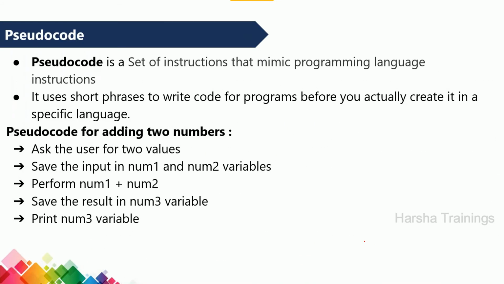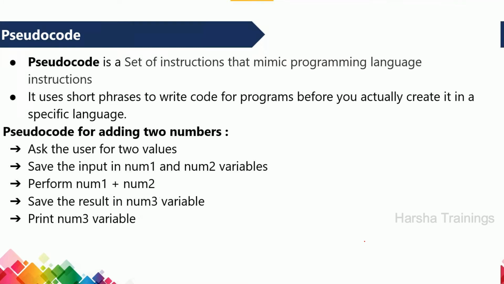Now, pseudocode. Observe the difference between pseudocode and algorithm. Pseudocode contains some of the programming language instructions. It does not exactly follow the syntax, but something from the programming languages is extracted.